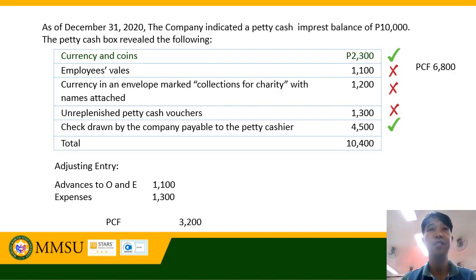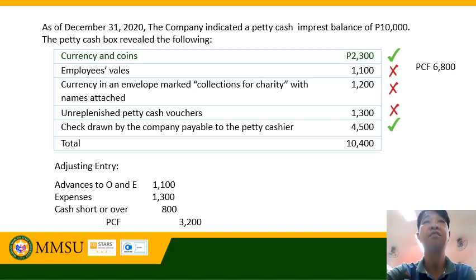And so, as you can see in here, there will be a discrepancy between the debit and the credit. So the total debit is 2,400, whereas the reduction to the petty cash fund is 3,200. Therefore, you should account for a shortage, a debit discrepancy of 800, which is to be debited as cash short or over.